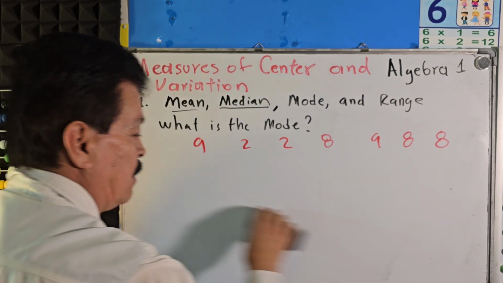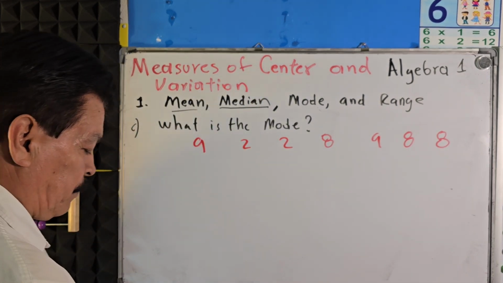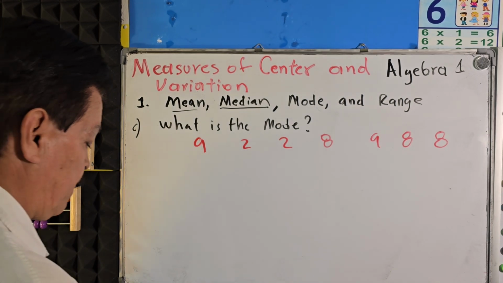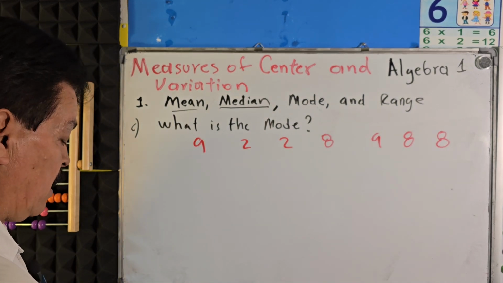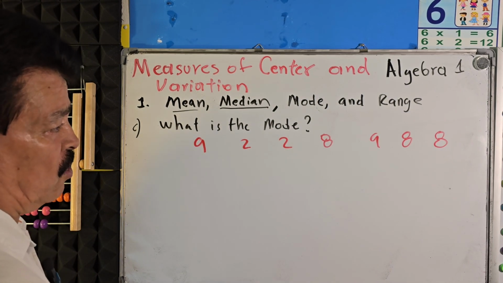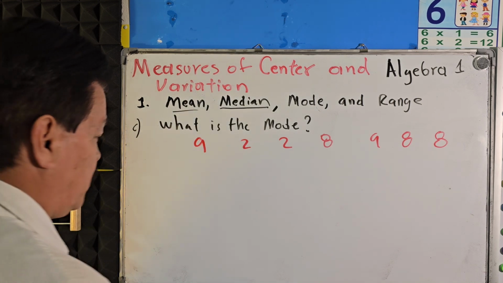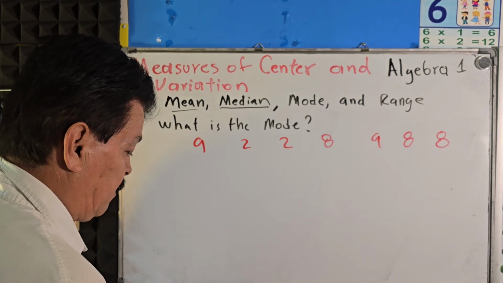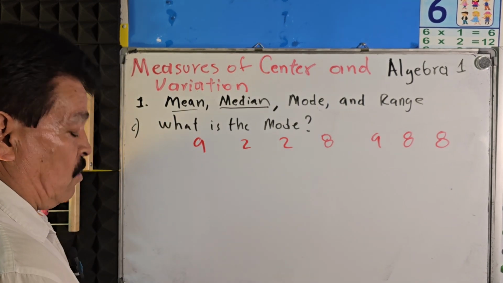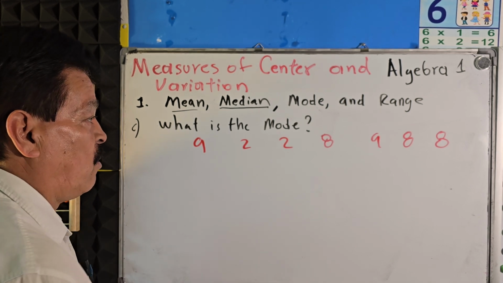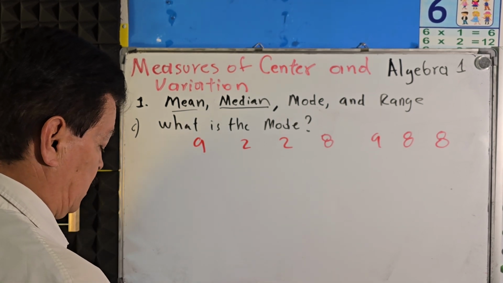So actually, it's important to organize. So organize the numbers here. Let me organize it. This is very important. So the first step was to give you the concept. So now organize these numbers.